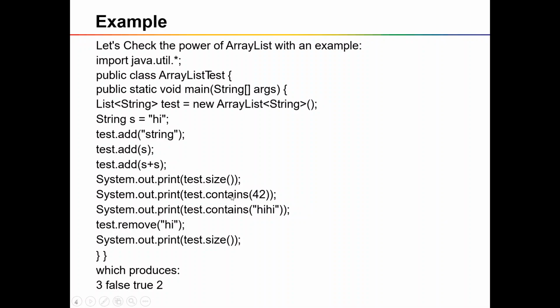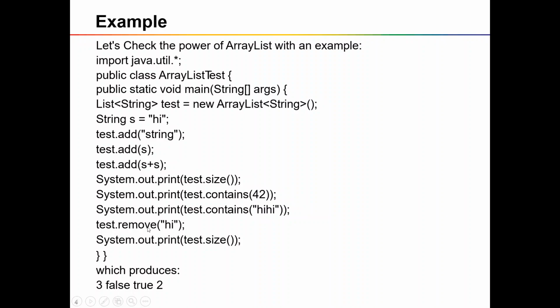The contains method will simply search your list for a given element. If the element matches, it returns true. If there is no such element in the ArrayList, it returns false. So for the given case, this will return false. Then test.contains of a particular string, hi, which is part of the list, will return true.